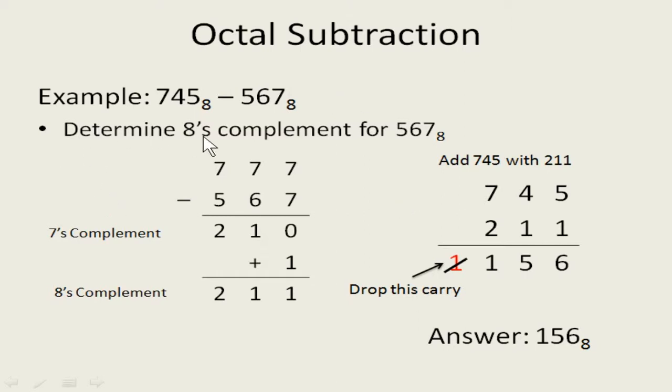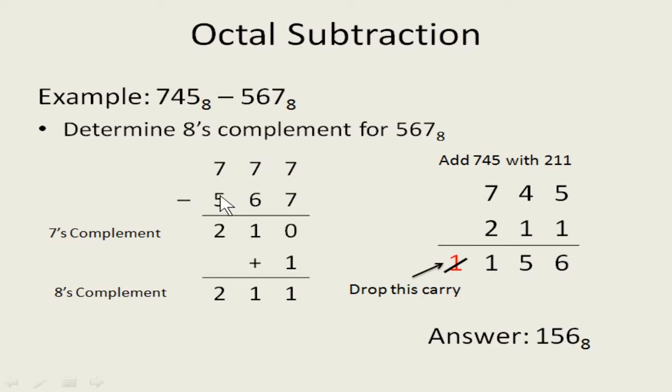First, determine the 8's complement of 567. The reason is it is a negative number, minus 567, to be represented with 8's complement. To use 8's complement, write 7 because you got a 3-digit number, so write three 7s. You have already seen this in 1's and 2's complement. In 1's complement, the number is subtracted from all 1s, so you get the 1's complement.